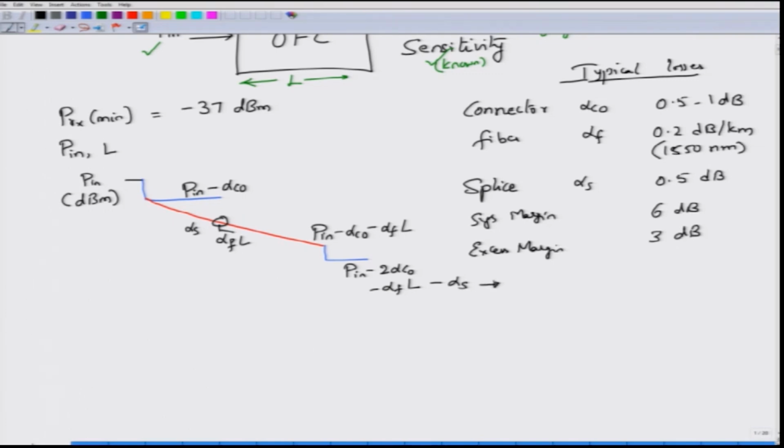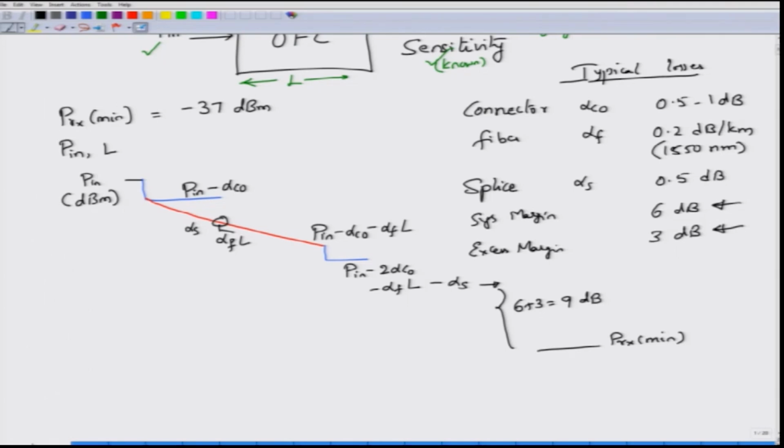This is the power that is received, but we want to consider a system margin of 6 dB and an excess margin of 3 dB. What it means is that if this is my PRX min, which is the minimum received optical power, then the optical power that I receive here must be above 6 plus 3, which is equal to 9 dB.